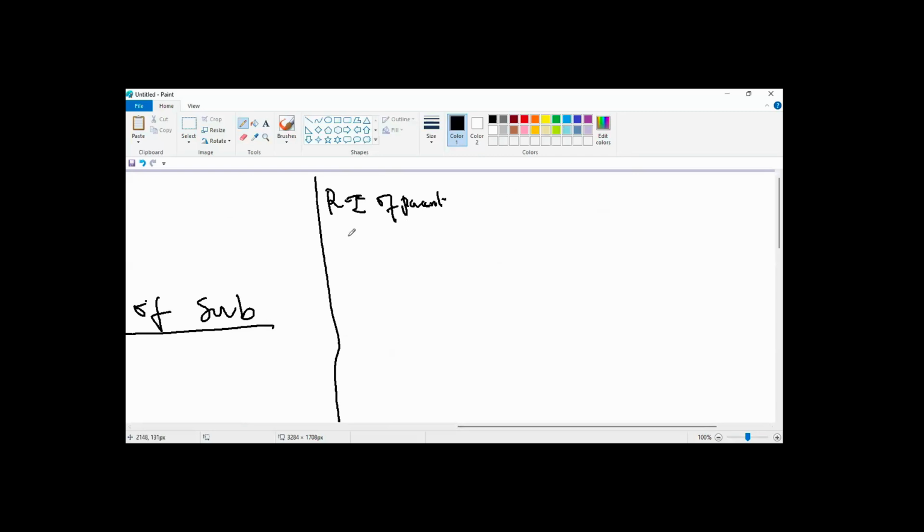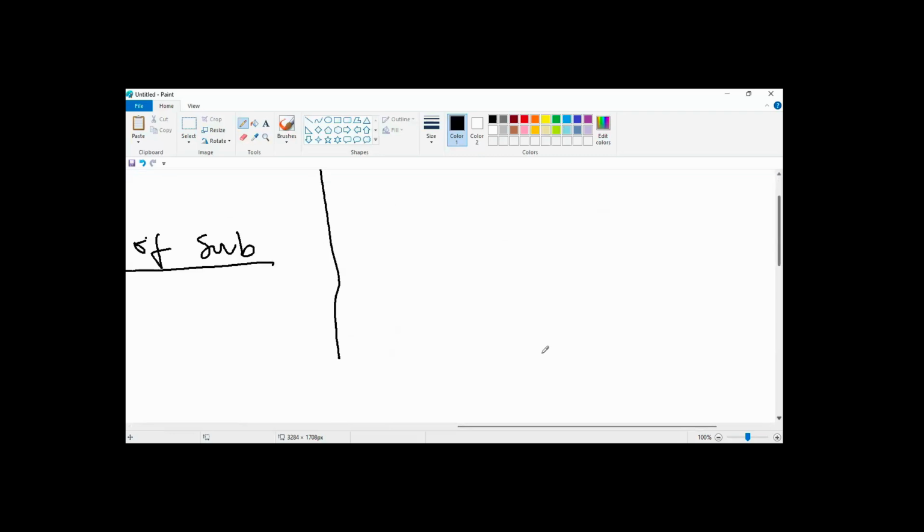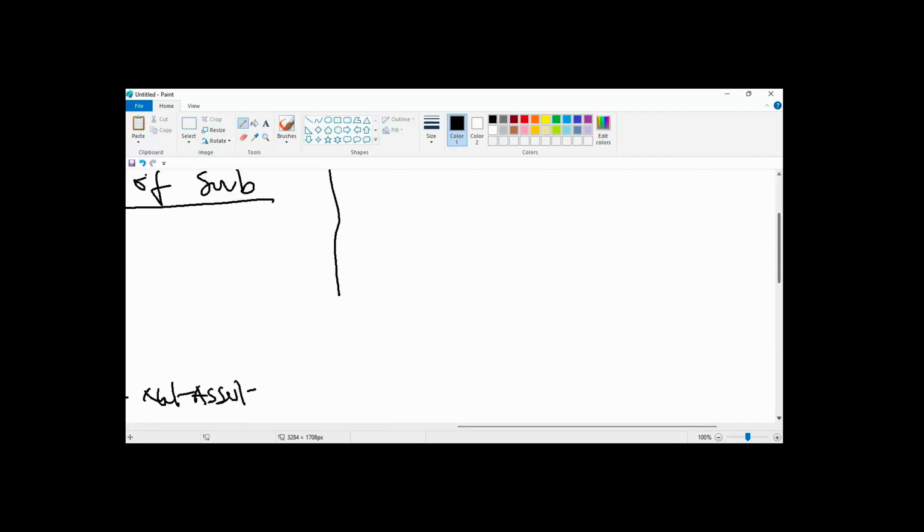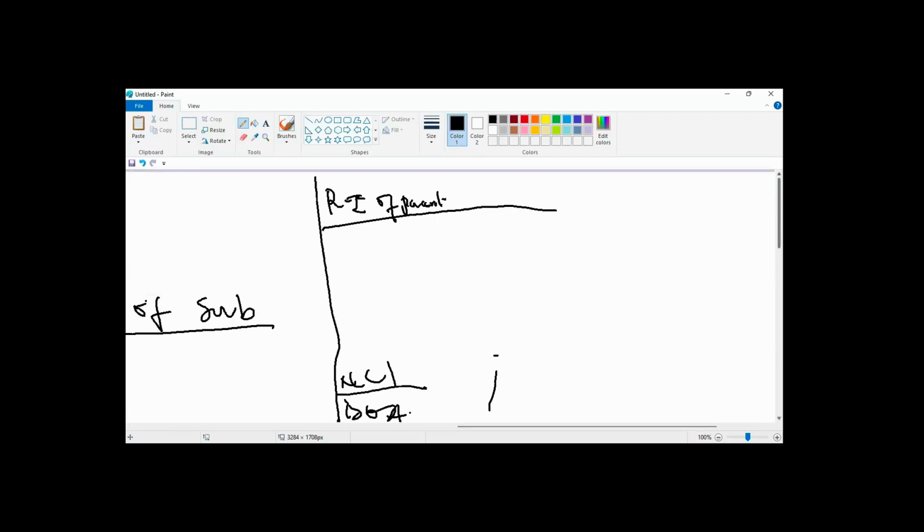I need to calculate NCI. Date of acquisition. This is what I will put in exam. After this is done, we'll now start reading the question and post. The next thing is to read the question and the post.